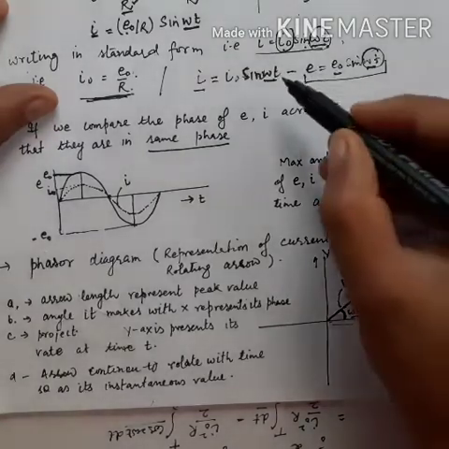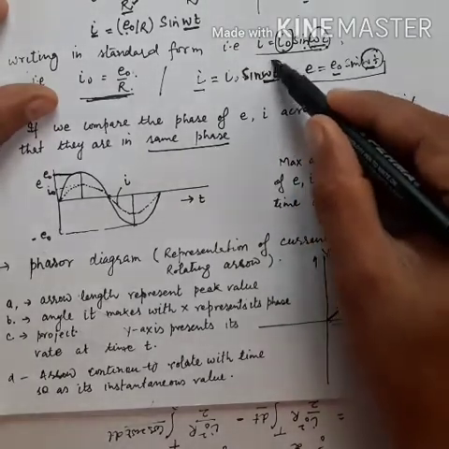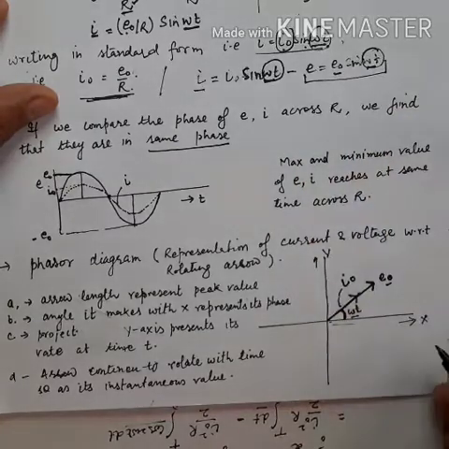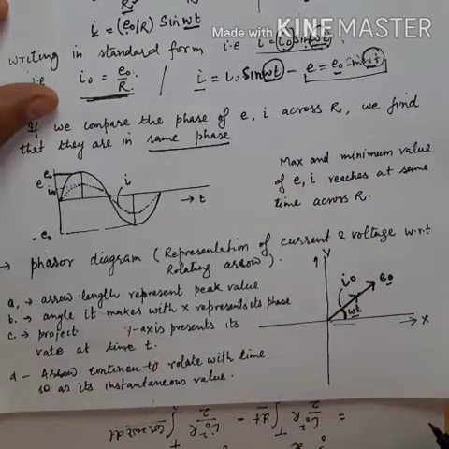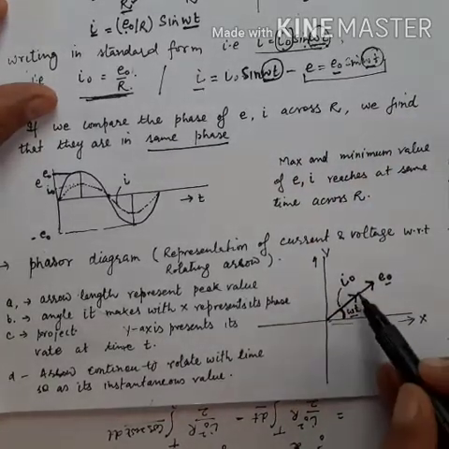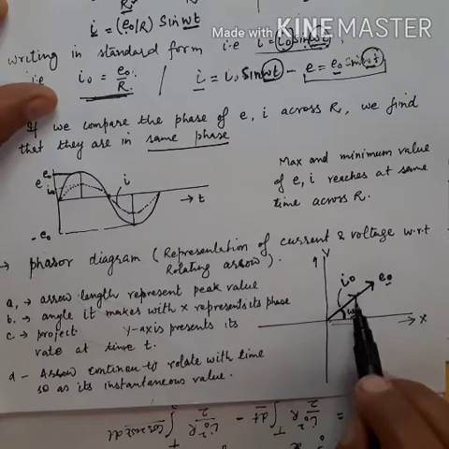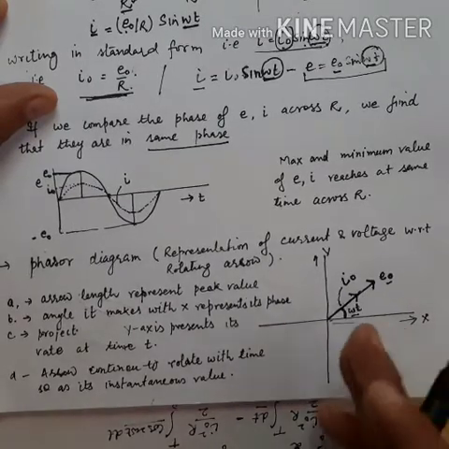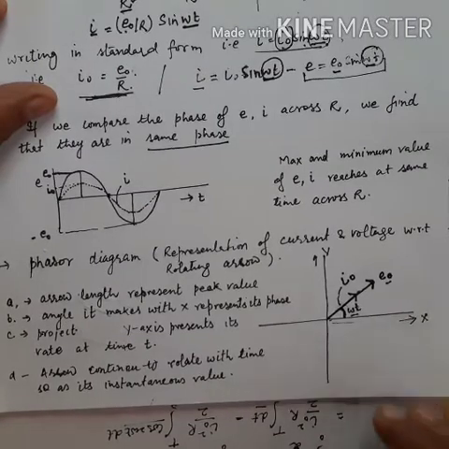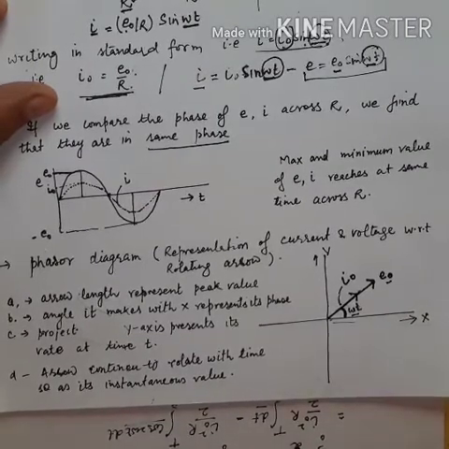So the phase of this current is omega t. With passage of time, these arrows rotate. If you see, both the arrows rotate together.